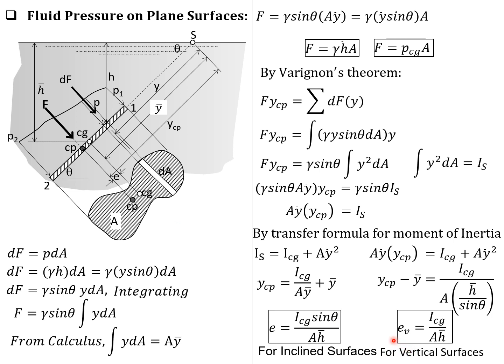So for a vertical plane area, ȳ becomes h̄ for that case, because theta would be 90 degrees and sine 90 is 1. So it is I sub CG over area h̄. Now, let's have I sub CG. So this is for vertical surfaces, and this is for inclined surfaces.